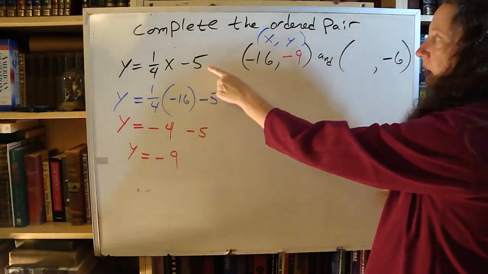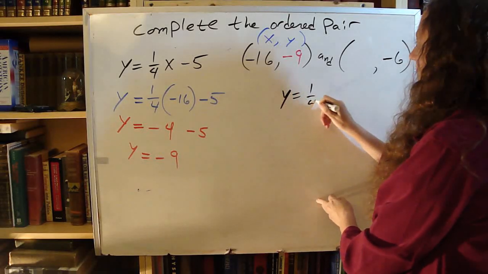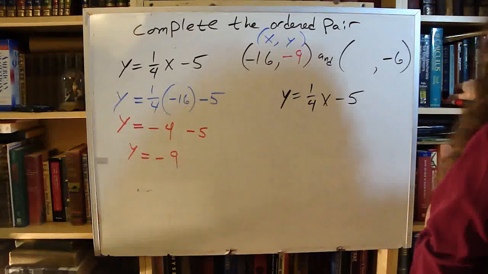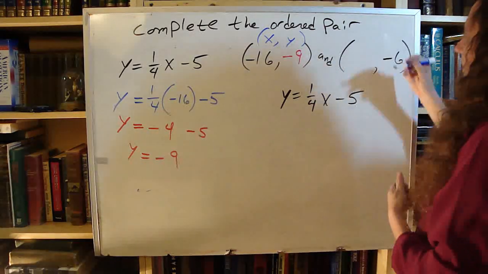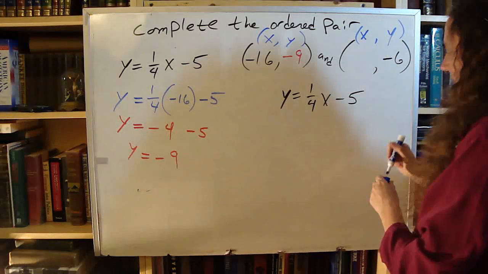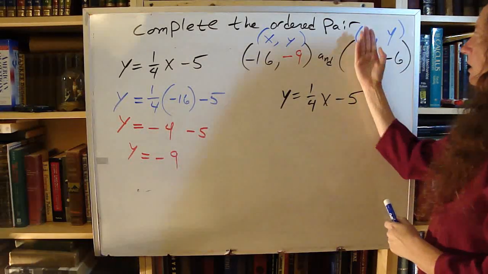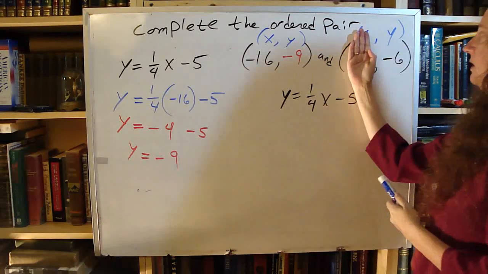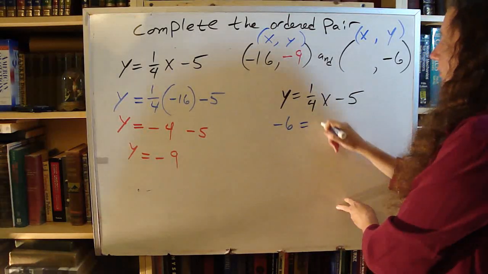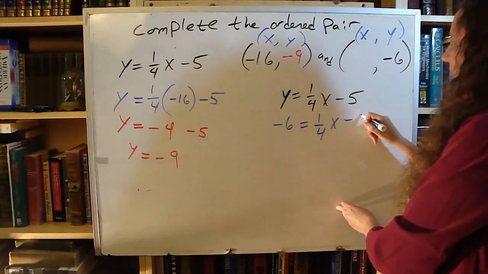We are still using that same y equals 1/4 x minus 5. So I have my x, comma, y. My x is unknown. My y is negative 6. So I'm filling in negative 6 equals 1/4, the x stays as x, carry down my minus 5.